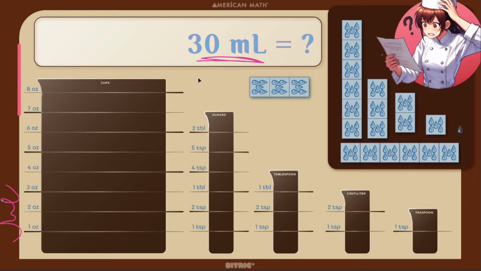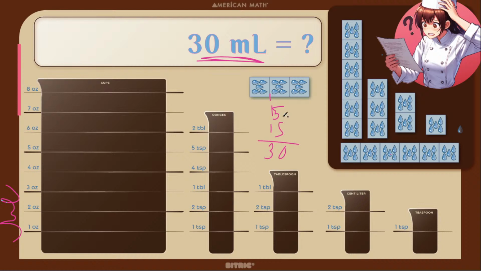30 milliliters. We know that a tablespoon holds 15 milliliters, which is half an ounce. If we add another tablespoon, 15 plus 15 gives us a 0 there, because that's 10, and we bring over the 1. Our perfect 30 that we're looking for.